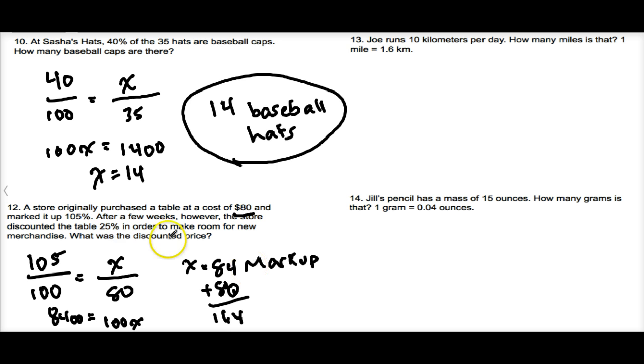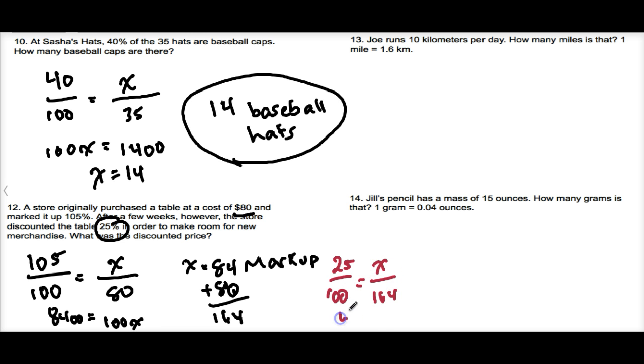Well, we're still not done because now they're going to discount the table 25%. So I'm going to run over here because I'm running out of space. So now we're looking at 25 over 100. And now the total cost is 164. We want to find out what the discount is.